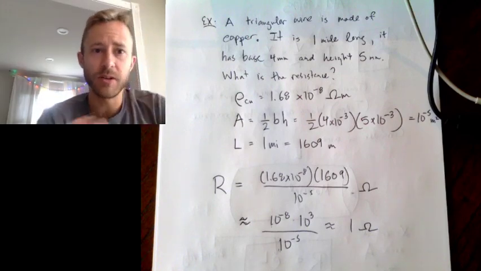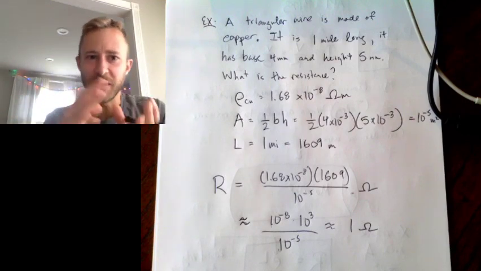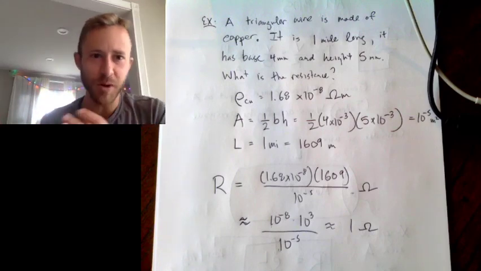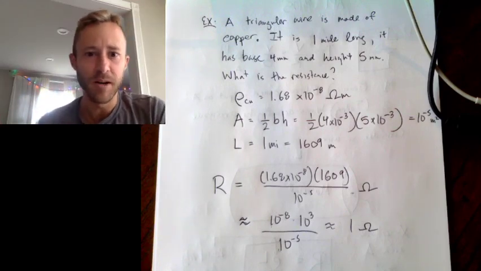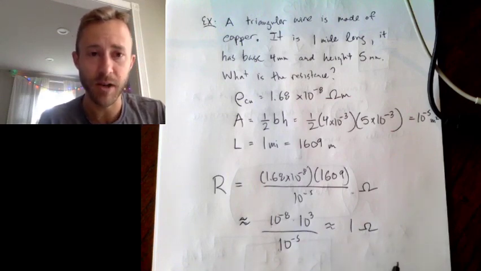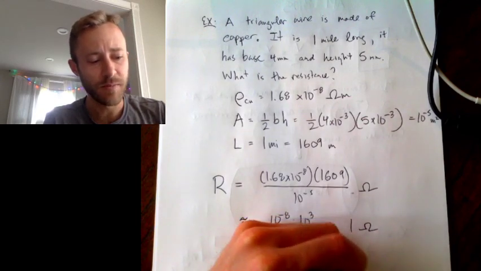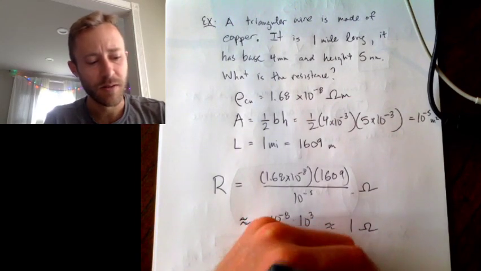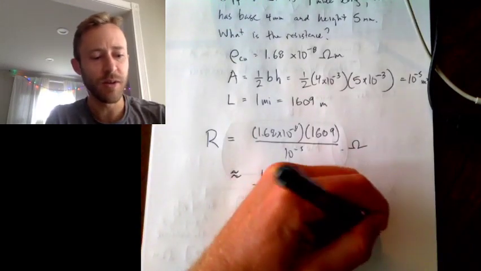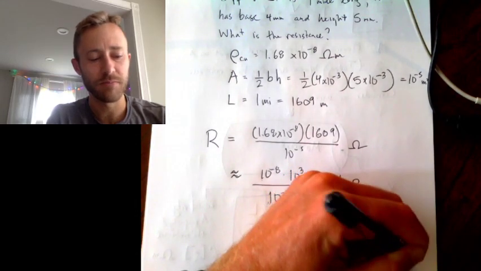Just to put that in perspective, you guys are kind of missing the experimental component of circuits, which is a bummer because it's really fun. But 1 ohm is not very much resistance. Okay, a typical value for an actual resistor is usually about 1 kilo ohm, which is 1,000 ohms.